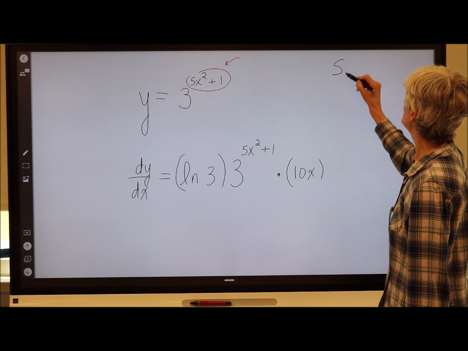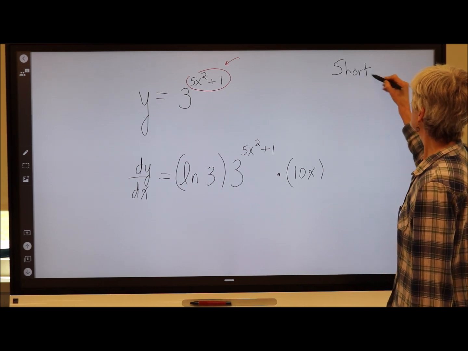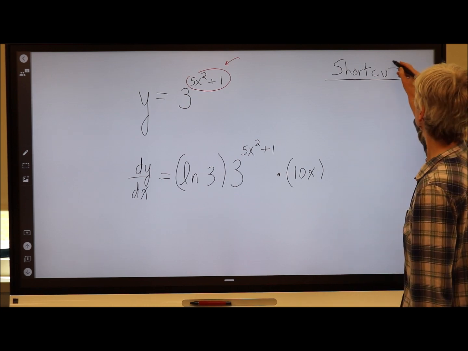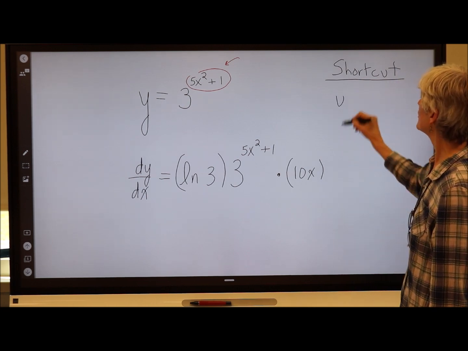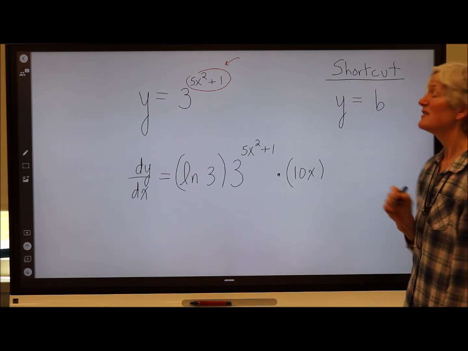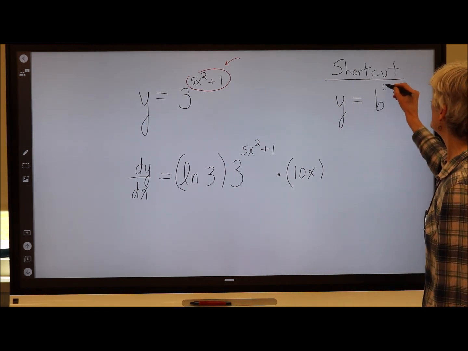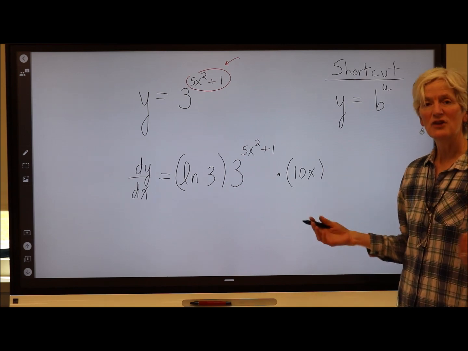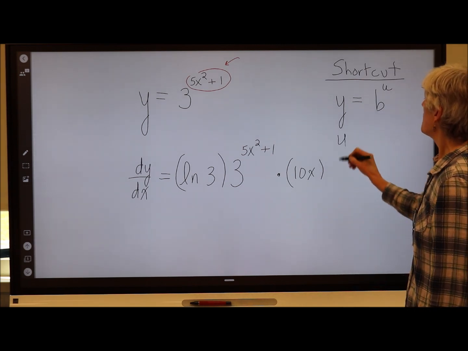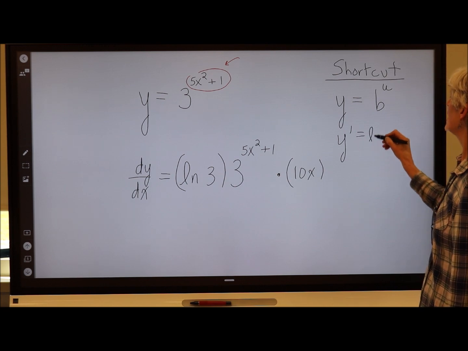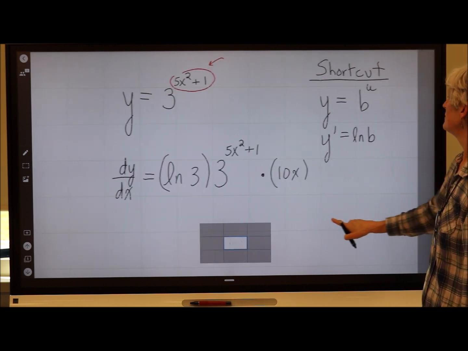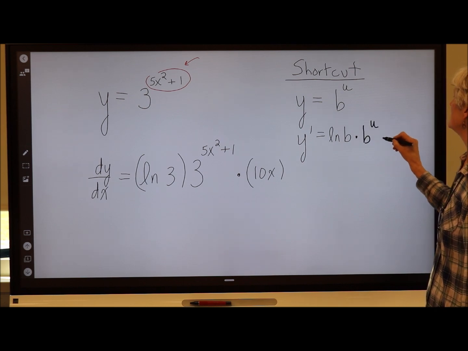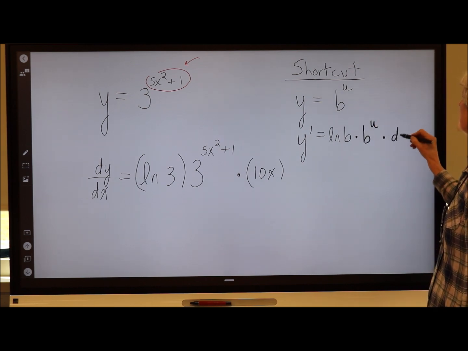So, in a more general way, my shortcut for finding derivatives of exponentials is if I have a function where b is some constant raised to u, where u is some function in terms of x, my derivative would be the natural log of the base times b to the u times the derivative of that exponent.